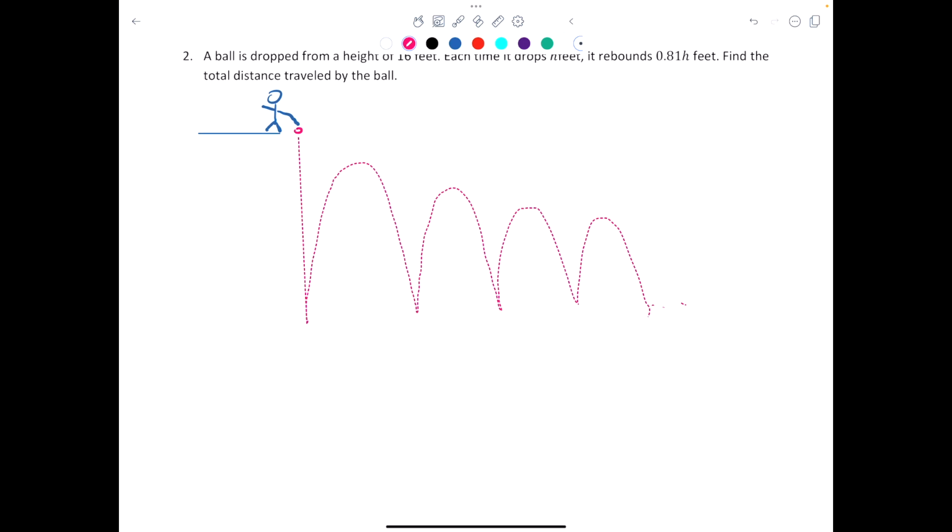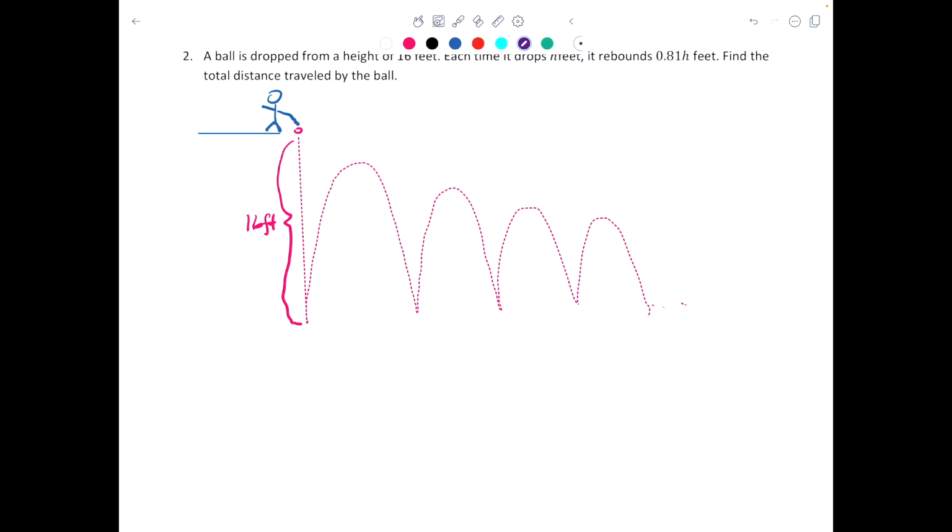So now let me put it back to a regular line. From here to here is your 16 feet, all right? So now you have your 16 feet one time, right? So we want to know the whole distance that the ball ends up going.